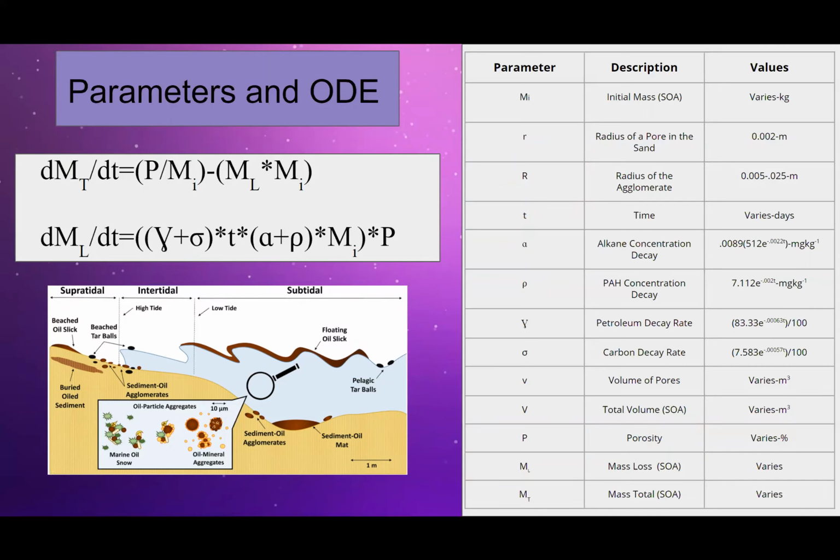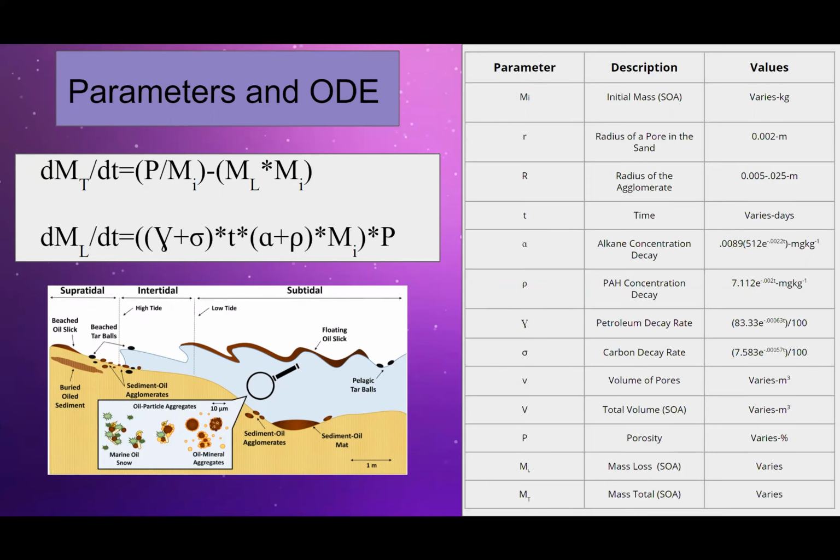Within the mass loss differential equation, the first two terms are the petroleum and the carbon decay rate added together. You multiply that by the time you have at that moment, then you have the alkanes plus the PAH concentration decay rate added together, and you multiply all of those by the initial mass.